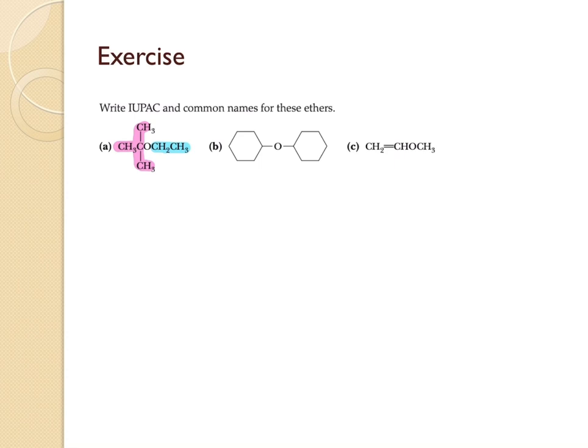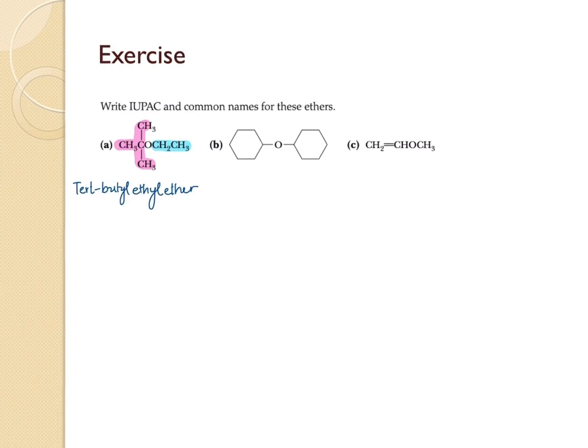Obviously, the tertiary butyl substituent is going to come first because B comes first and then comes E, right? So the right name for this is going to be tertiary butyl ethyl ether. And remember, we have to avoid this "tert" from being counted towards the alphabetical order, right? So on the whole, it's going to be tertiary butyl ethyl ether. So this is the common name, right?